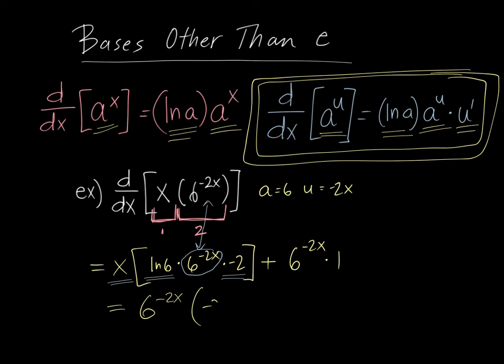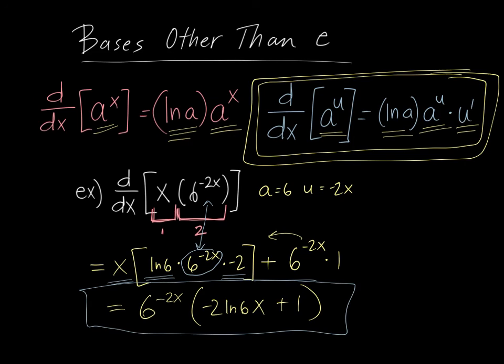So let's call that negative 2 natural log 6 x, and then plus 1, because 1's all that's left over when I take out that 6 to the negative 2x. So long story short, that's the derivative using the product rule and using our last new rule of the day.